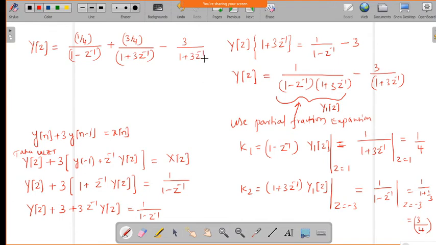Have you got these same values? Okay, so now we can take the inverse z transform. So you will get y of n, the complete response or total response.